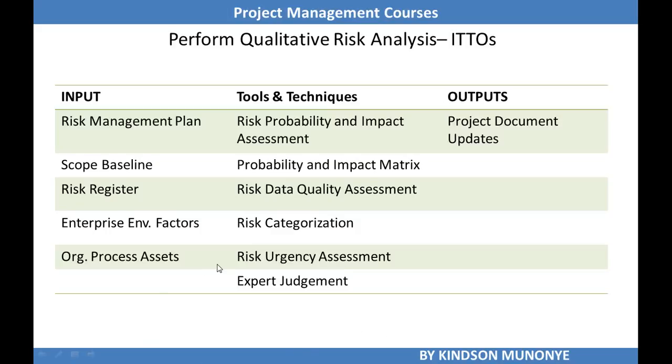There are about six tools and techniques used in perform qualitative risk analysis: risk probability and impact assessment, probability and impact matrix, risk data quality assessment, risk categorization, risk urgency assessment, and expert judgment. Just like identify risks, perform qualitative risk analysis also has one output, and that is project document updates.